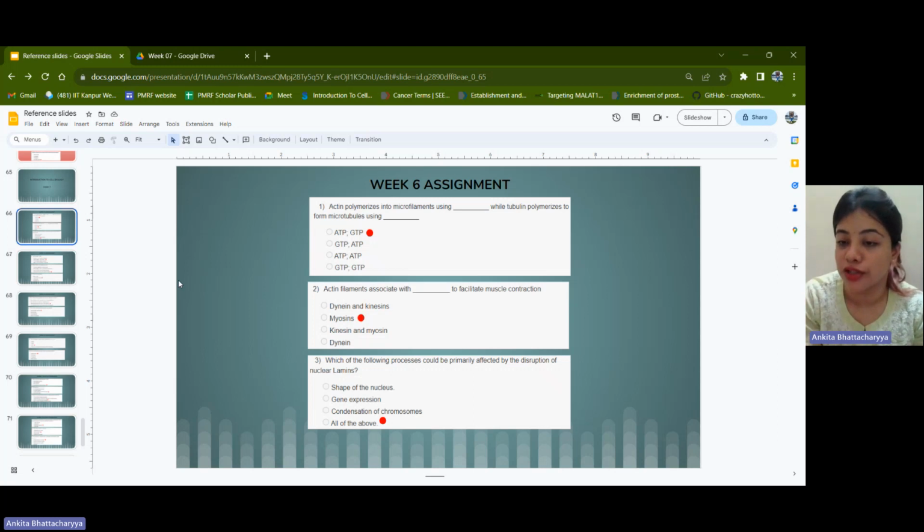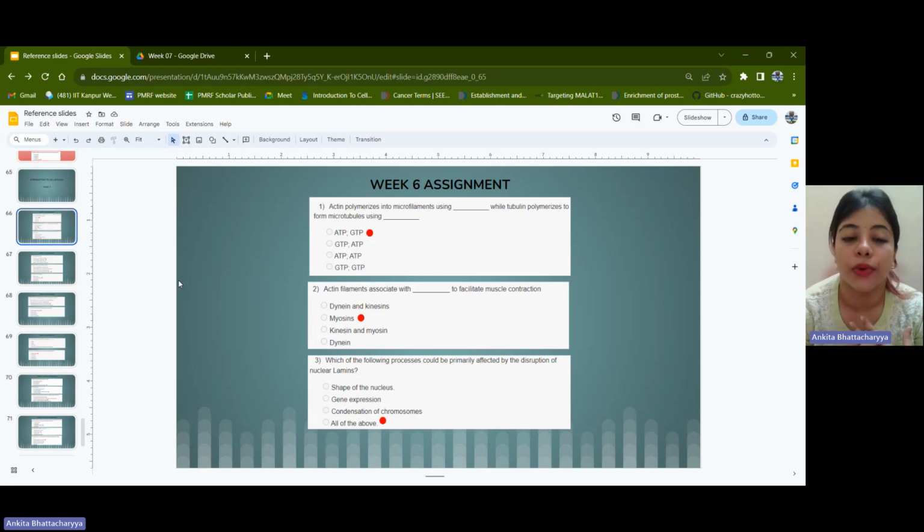If you remember the sliding filament theory, which is the basis on which muscle contraction is understood, myosins, which are the major component, mediate the sliding of the two types of filaments, the thick and thin filaments that form the part of the entire sarcomere. Myosins were the thick filament and the actins were the thin filaments, which together helped in sliding along each other to mediate the contraction of muscles as we know them today. So that was question 2.